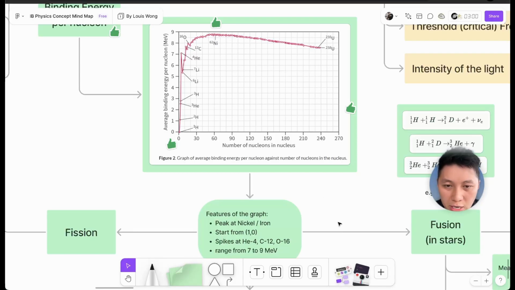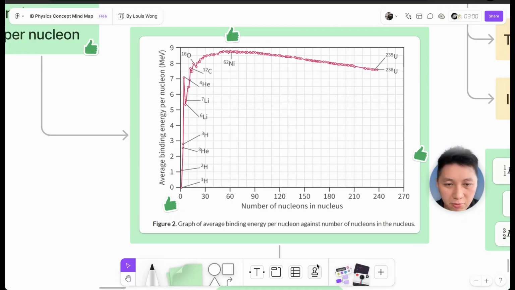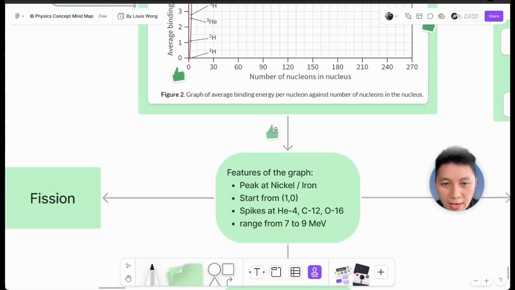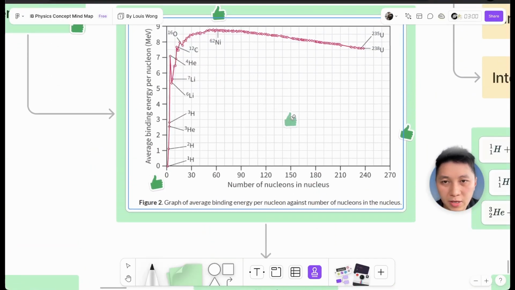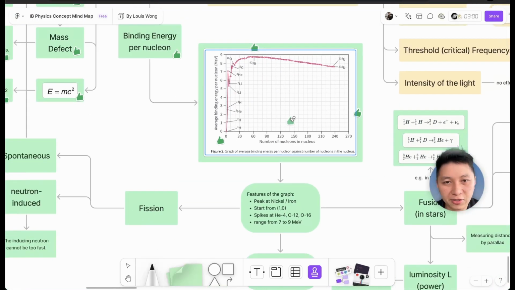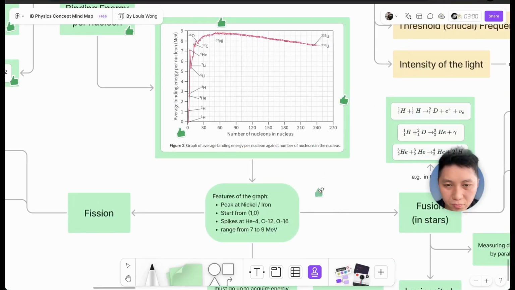We also have the spikes, although I don't think IB Physics would ask you about it, but you do see spikes at helium, carbon and oxygen. These are just exceptions; unless you are very interested, you don't really need to check why.